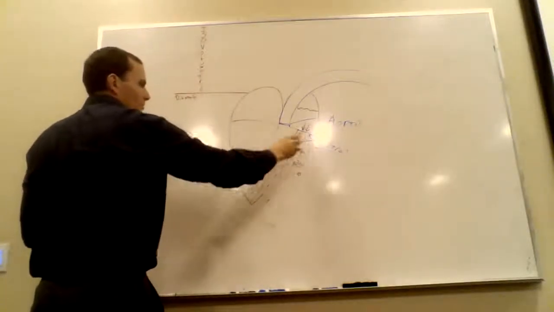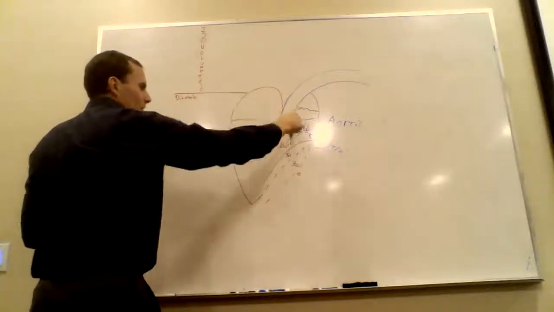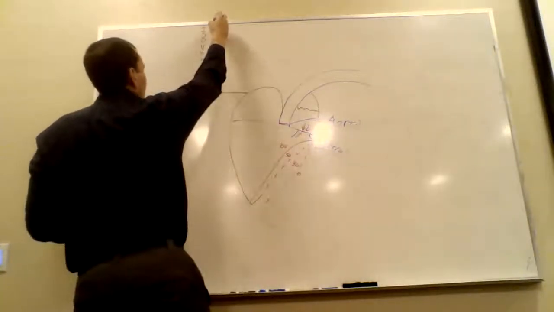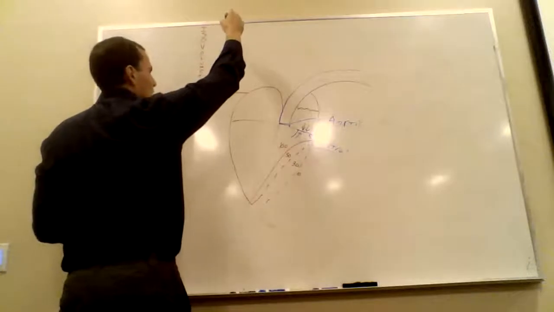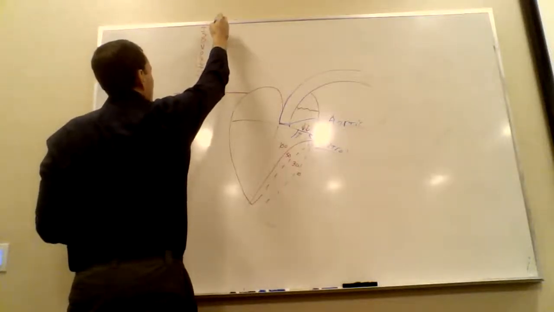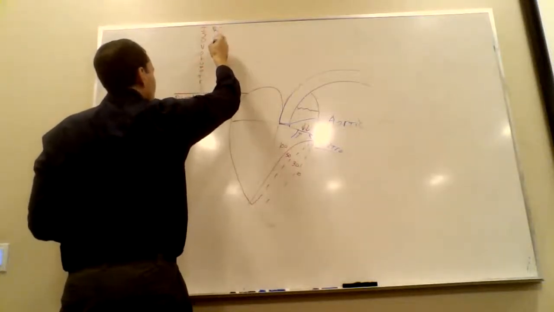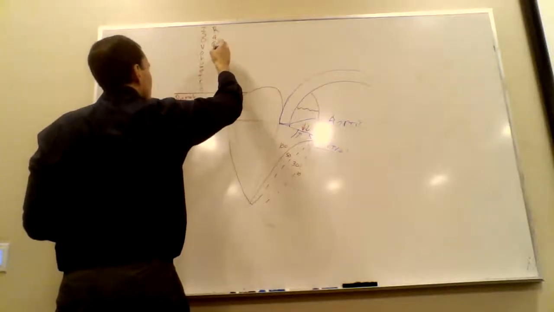As soon as the pressure in the ventricle gets low enough that the mitral valve can open, we have gravity bringing in a bunch of blood from the atria, and that's called rapid filling.